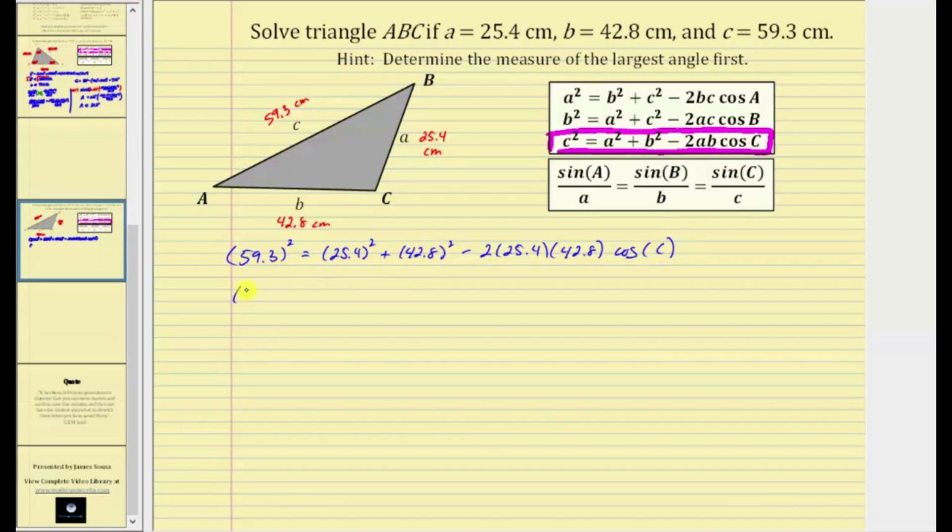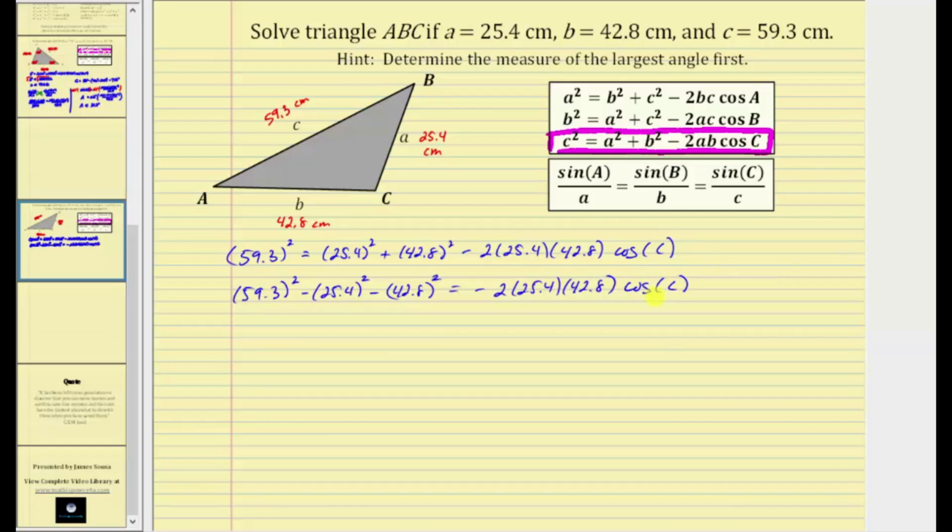This will give us 59.3 squared minus 25.4 squared minus 42.8 squared equals negative 2 times 25.4 times 42.8 times cosine C.